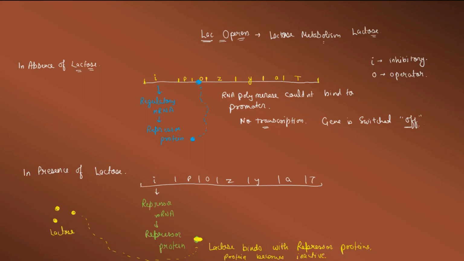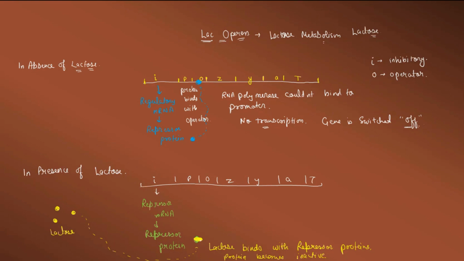And what was this protein actually doing in the first case? It was repressing, right? It was binding with the operator. I'll write it down here: this repressor protein binds with the operator. As it binds with the operator, RNA polymerase couldn't bind.